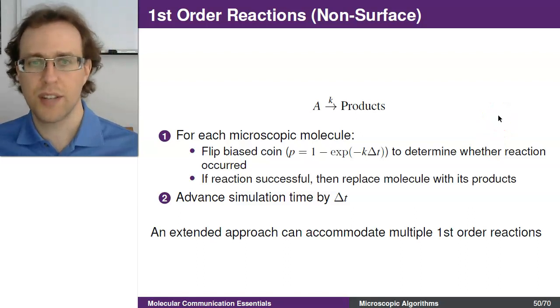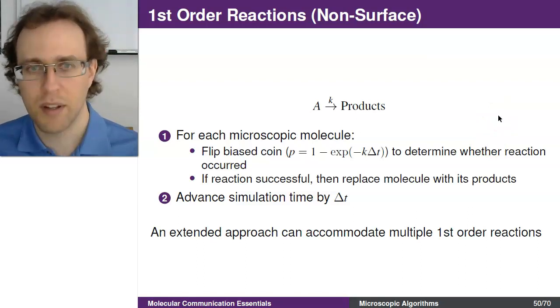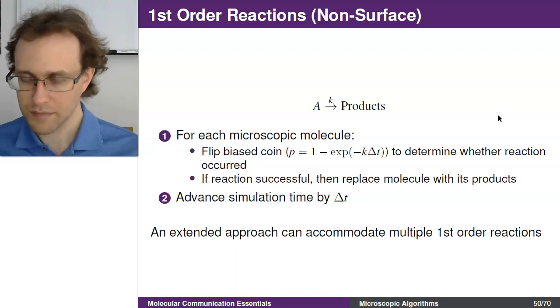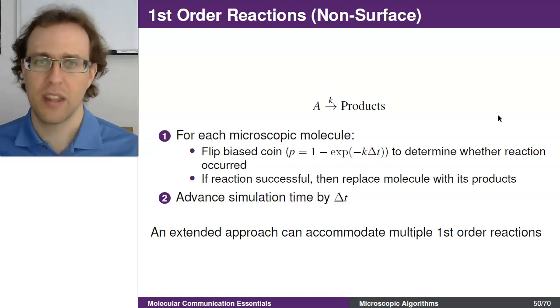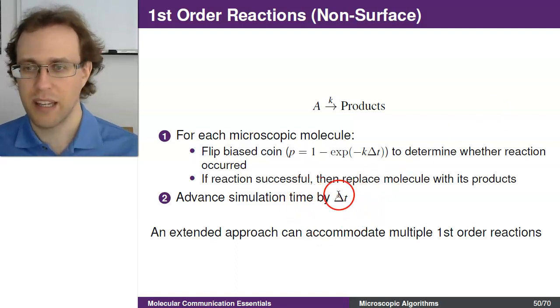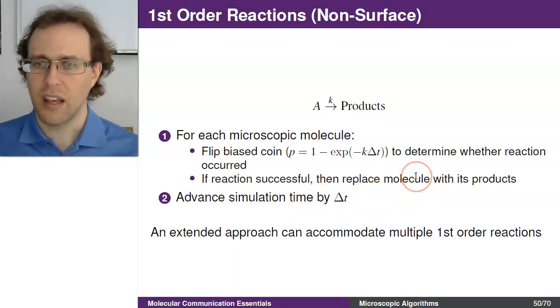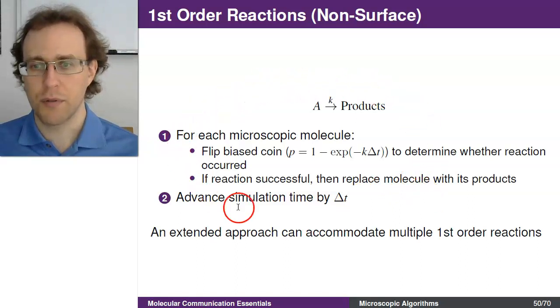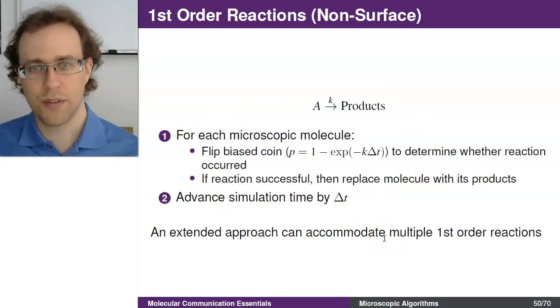If a reaction was successful, we just replace this molecule with the products, however it is that you're managing the molecule creation in your simulation. Once you've done this for each of the microscopic molecules, you then advance the global simulation time by delta t. It is possible to extend this approach to accommodate multiple first order reactions, but in the interest of time, I won't go through that in detail today.